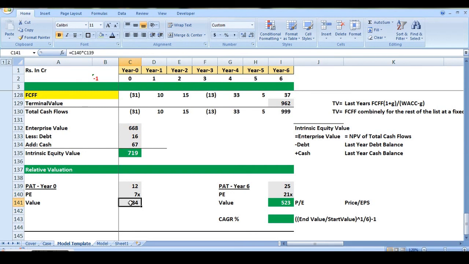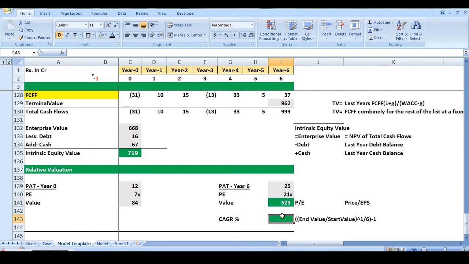In this case, as there are no dividends, the profit after tax becomes earnings available for equity shares, and 84 is nothing but PE multiple into profit after tax for year 0. Same way for the last year, it is 523 based on 21 multiple. So we can say based on PE multiple, the value of the organization is 523.